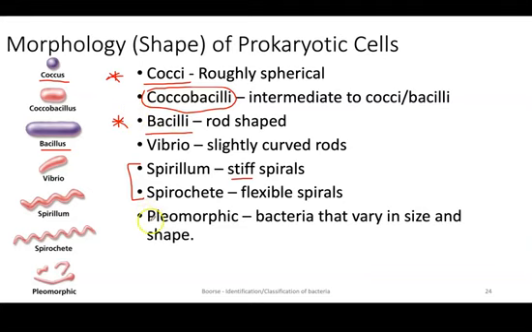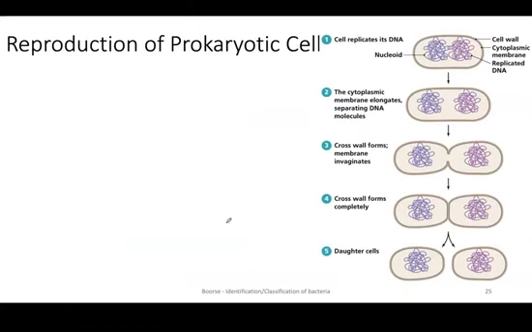But there are some bacteria that don't have a characteristic size or shape, and to describe that we say pleomorphic, which means multiple shapes. If you see that term describing a bacterial species, it means it doesn't have one shape to describe it. Shape or morphology of a bacterium is really important. That coupled with a gram stain are the primary things we look at in identifying a bacterium.